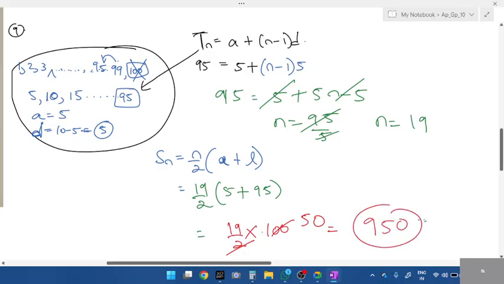What's the answer in the textbook? 9? 9 what? 18. You should get n as 18. Is it the ninth question? Can you just check the ninth?